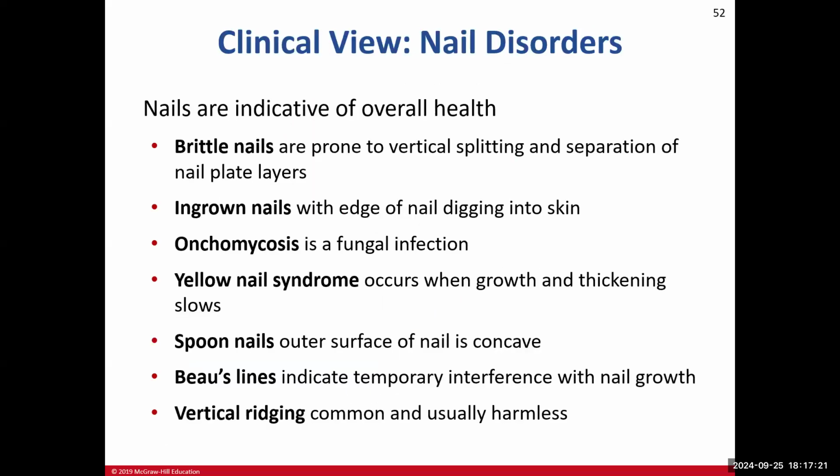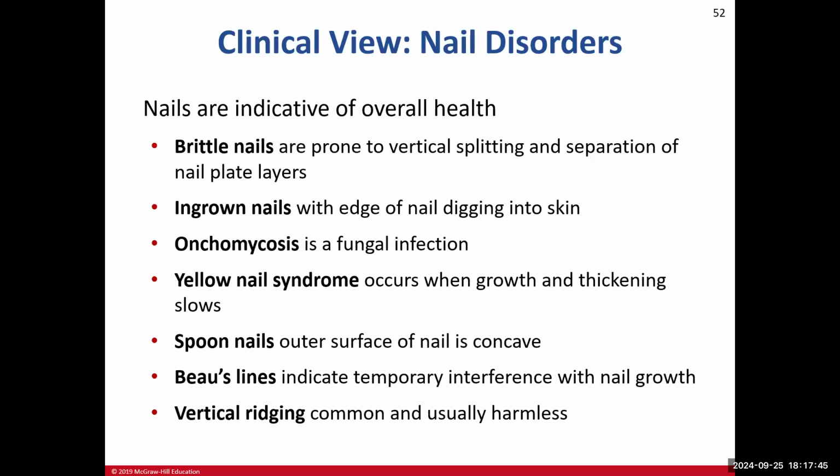Okay, so first clinical view of the day. Some of you might be like, hey, I've always wondered about some of these things. The first one is brittle nails. It could be a result of inefficient nutrition. Anytime you deplete nutrients from your body, you're going to see signs and symptoms show up somewhere.